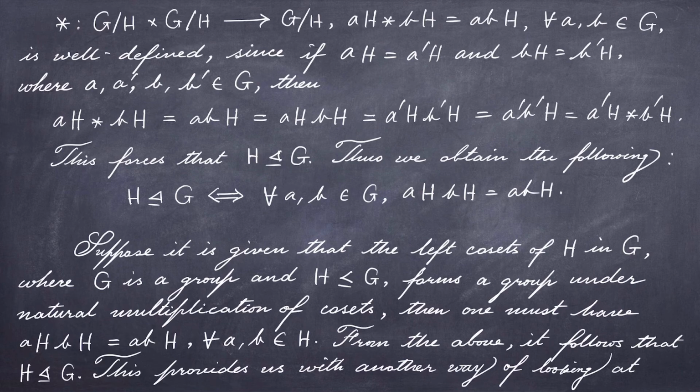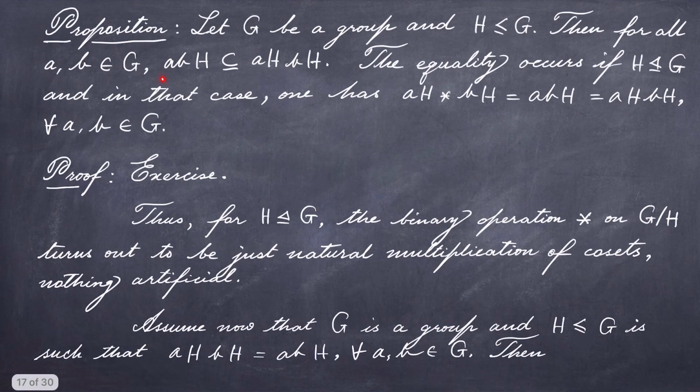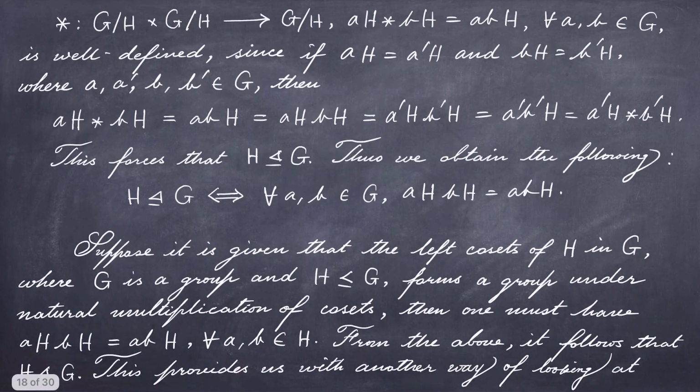Then one must have AH BH equal to ABH, because remember that it's given that this set of all left cosets forms a group under natural multiplication, and therefore for any A and B the natural product of these two cosets will be a coset, and already you have observed in generality that it contains this coset, so it has to be a coset containing another coset, so there is no other option, it has to be this.